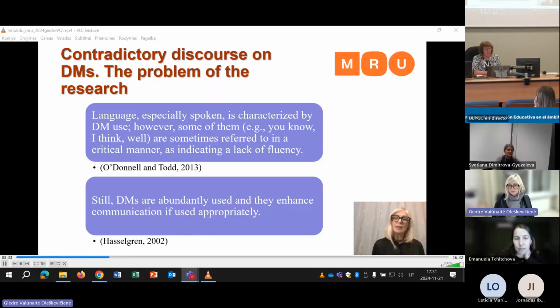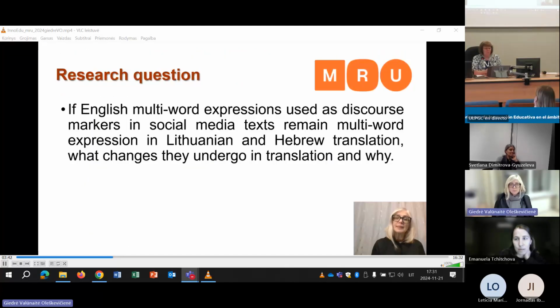Still, discourse markers are abundantly used and they enhance communication if used appropriately. So the research question in this presentation is whether English multi-word expressions used as discourse markers in social media texts remain multi-word expressions in Lithuanian and Hebrew translation, and what changes they undergo in translation and why.